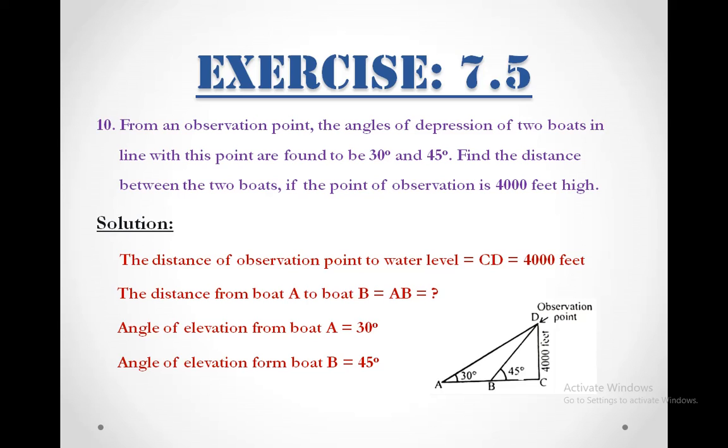So now starting our solution according to our diagram, the distance of the observation point to water level is equal to CD, which is equal to 4000 feet. The distance from boat A to boat B, which is equal to AB, is to be calculated according to the statement. The angle of elevation from boat A is given as 30 degrees, whereas the angle of elevation from boat B is given as 45 degrees.